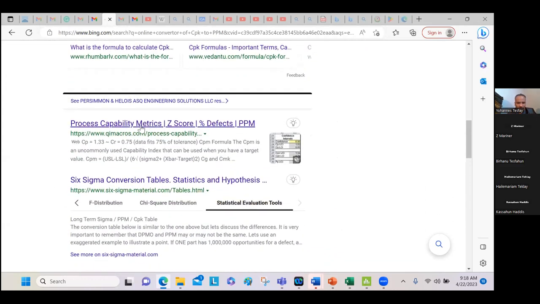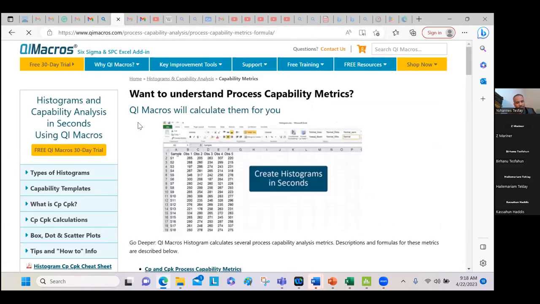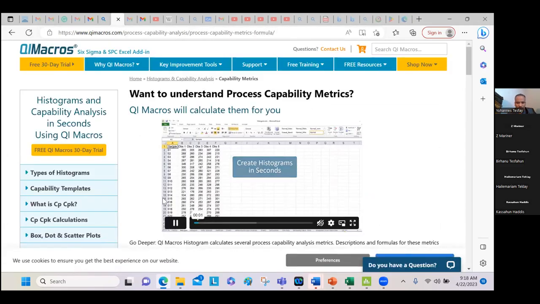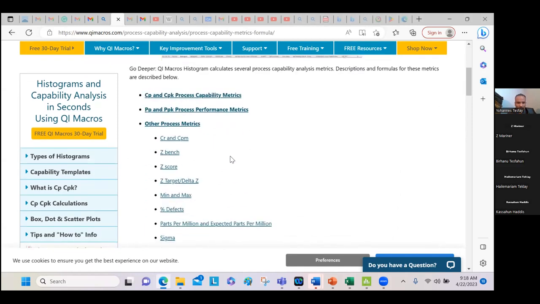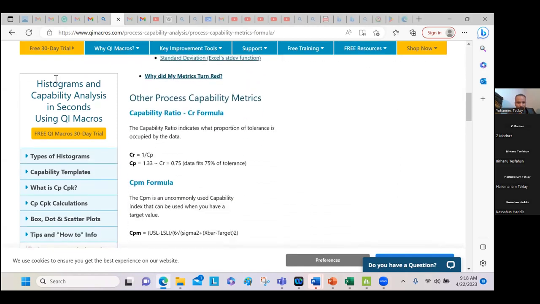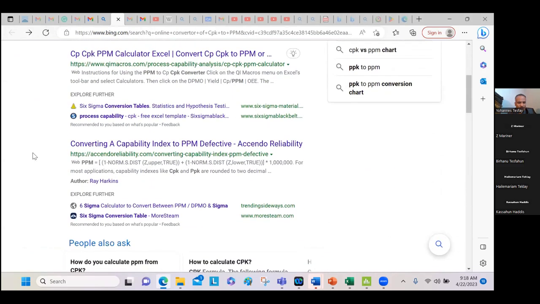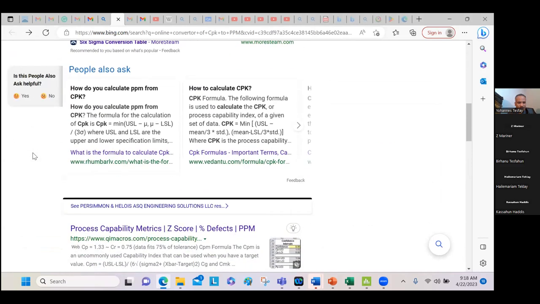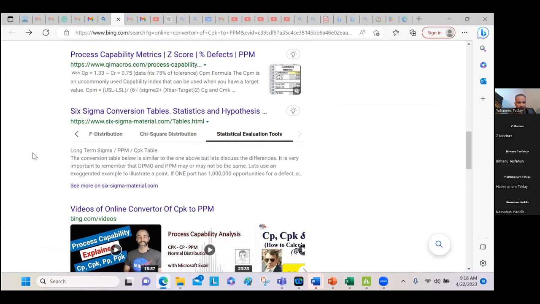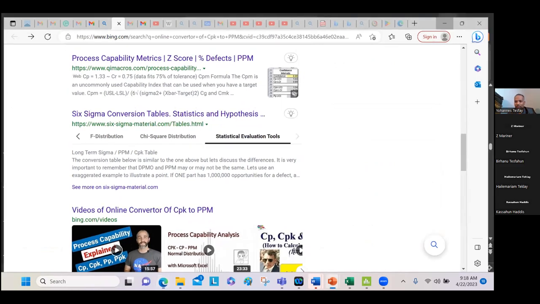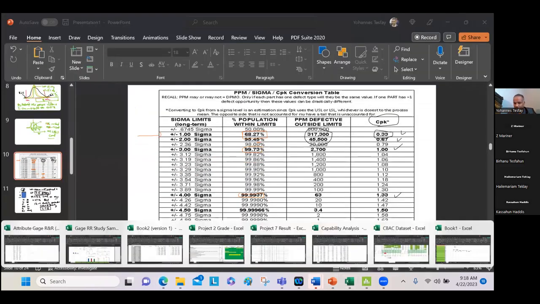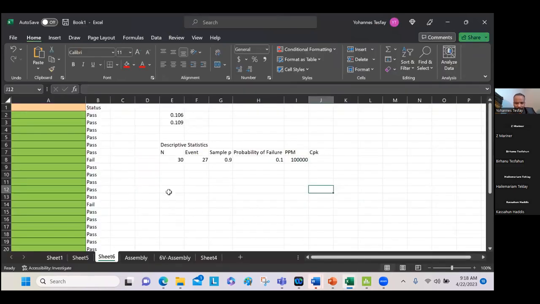You'll find how it is converted, but I'll show you that. I didn't find it now. You might find something if you search. So probability of failure just like that.